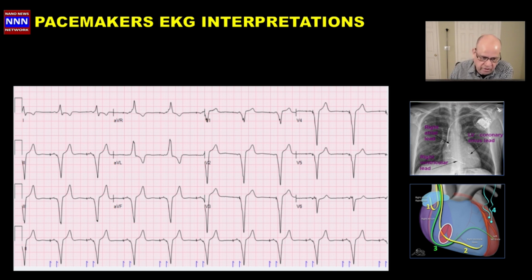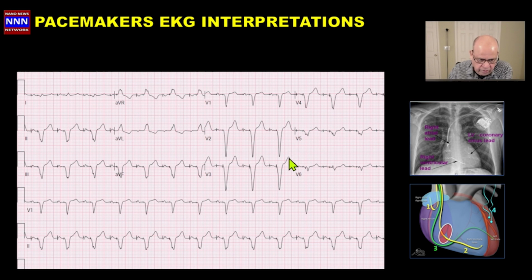But in a cardiac resynchronization pacemaker, we should be seeing positive deflections in V1 and V2. So this is just atrial pacing and ventricular pacing, and the rate seems to be reasonable, so the pacemaker is working adequately based on the surface electrocardiogram.